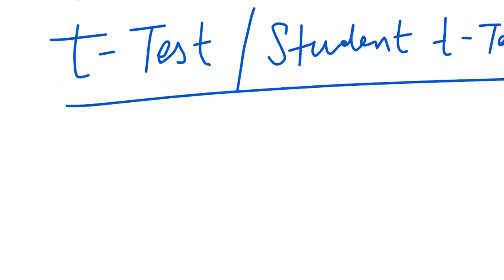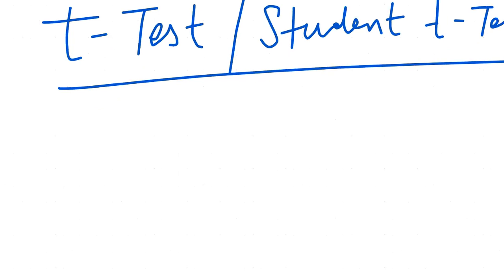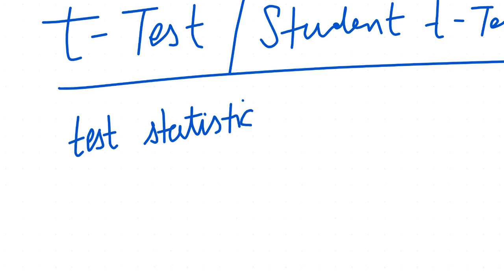Its formula, the test statistic: T is equal to x bar minus mu, or we can take just the difference, not just minus.